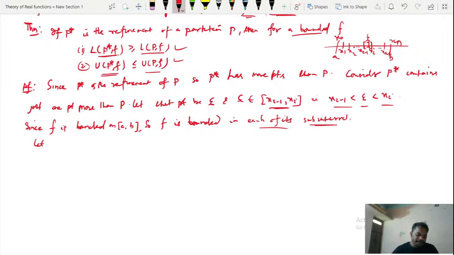The intervals xi minus 1 to J, and J to xi, are also subintervals, so f is bounded on these too. Bounded means it has a supremum and infimum in each of its subintervals. Now I will first prove this one.